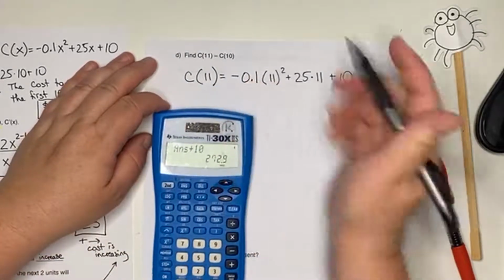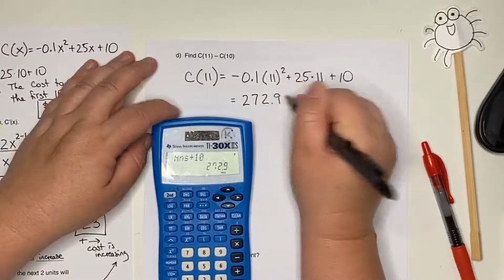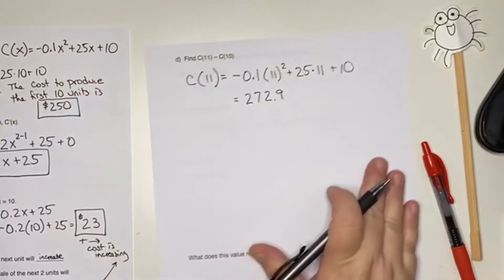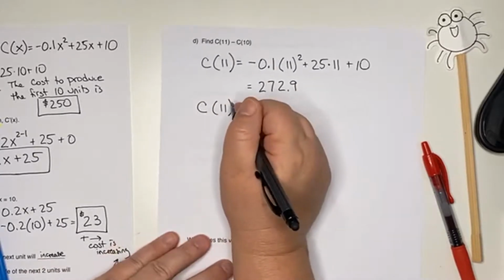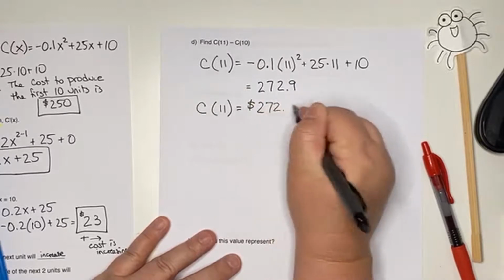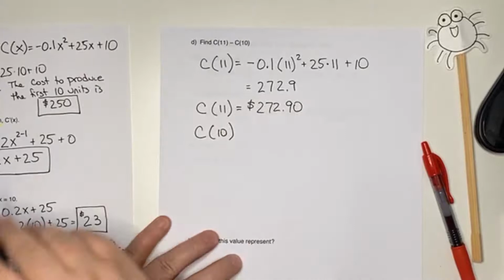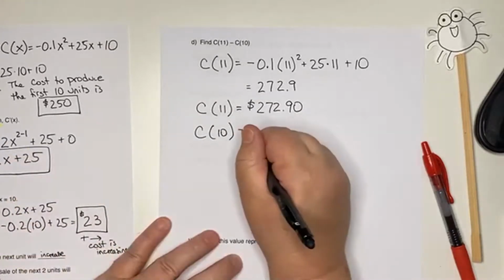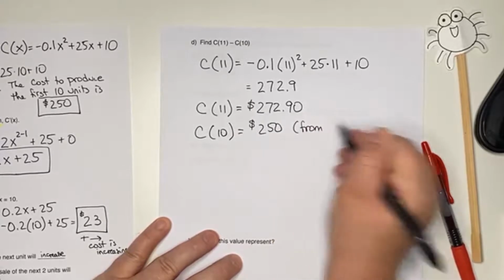So I got the answer 272.9. So what does that mean? The cost to make the first 11 units would be $272.90. Now we've got the cost of the 10th unit is right here, was $250. That's from the first page.